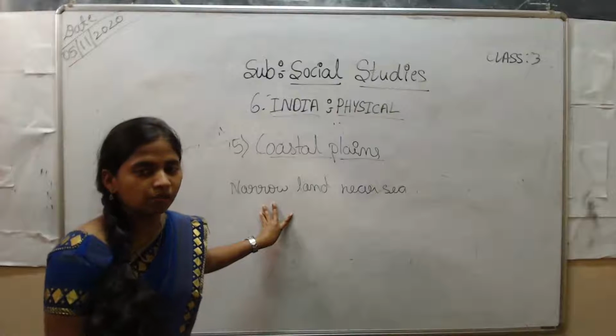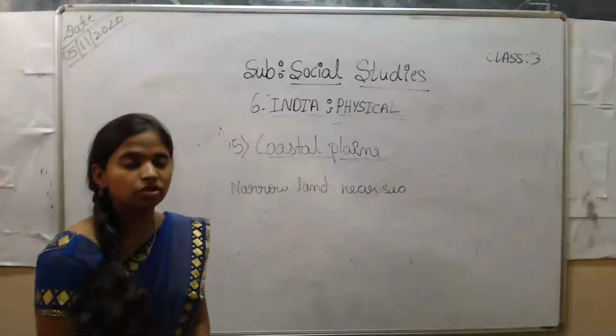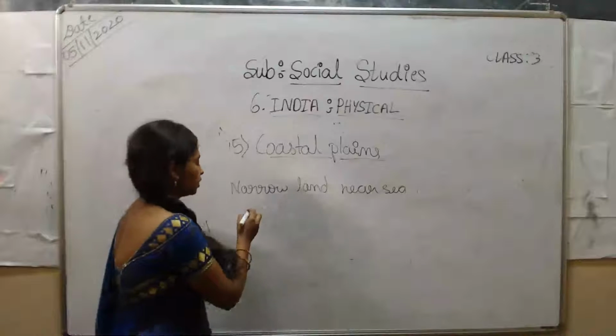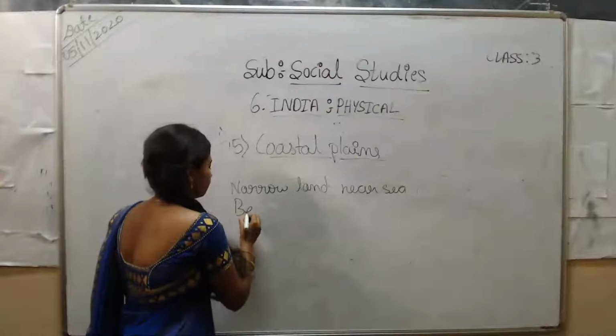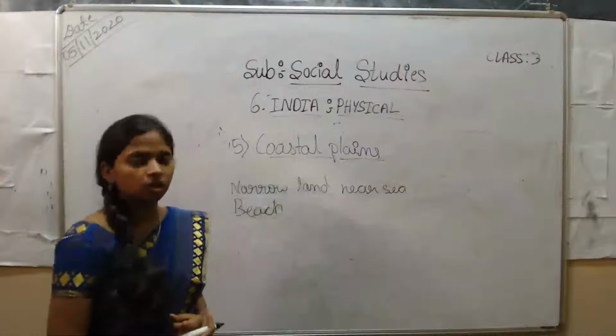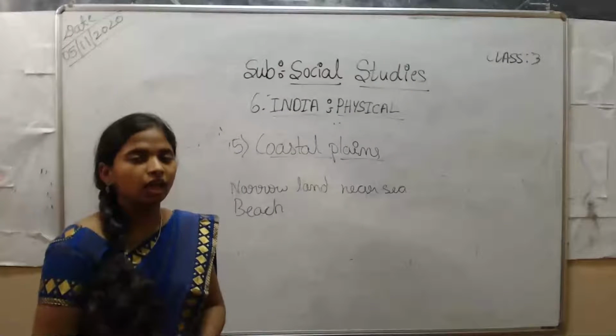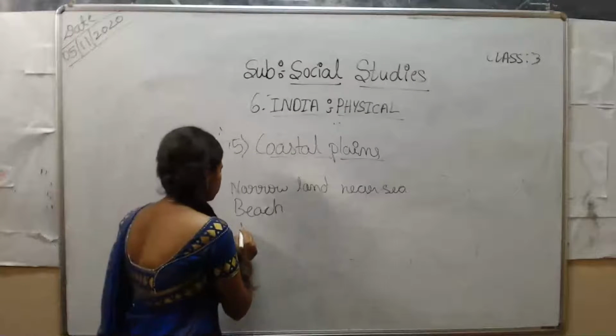I hope you all are familiar with the beach, no? You might have seen it on TV or you might have visited the beaches. Those beaches are nothing but coastal areas. So there are two main coastal plains in our India. What are those? Western and eastern coastal plains.